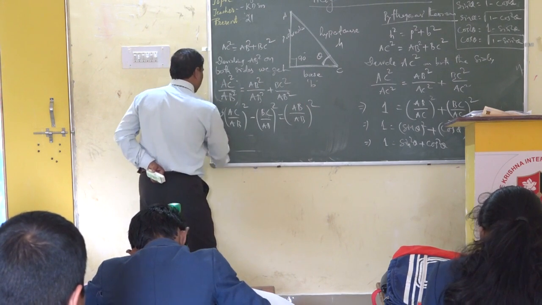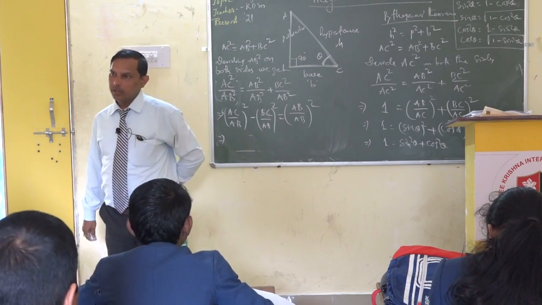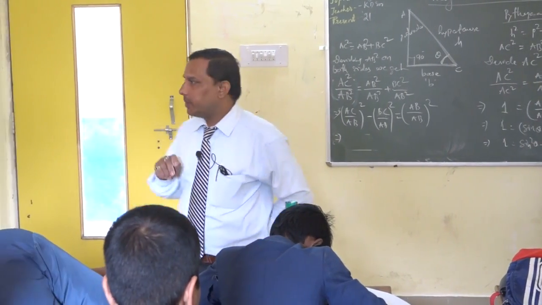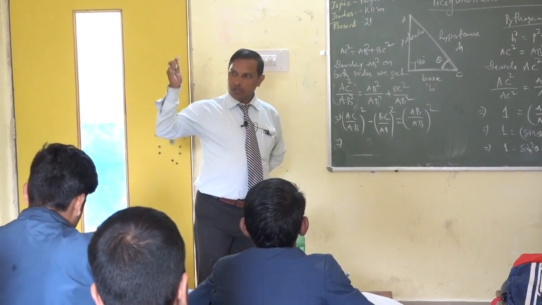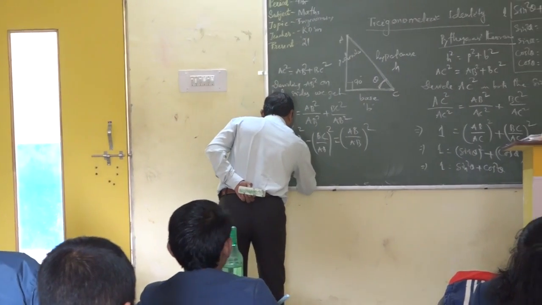Clear? AC by AB. AC is what? Hypotenuse. AB is what? Perpendicular. That means H by P. H by P is which ratio? Cosec theta. So you can write cosec theta whole square.